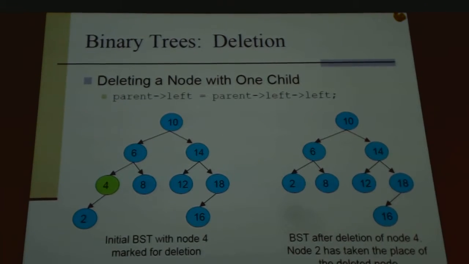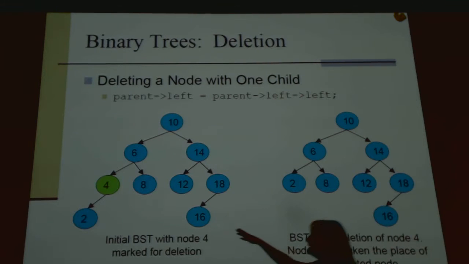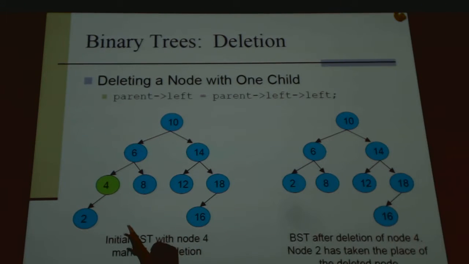So here's an example where the node that we want to delete has one child, the value of 4. In this case, it's really not that hard, because in a binary search tree, any data to the left of the node we are trying to delete, even if we had a second child here, what would the relationship of the data on the left and the right be to that node 6?